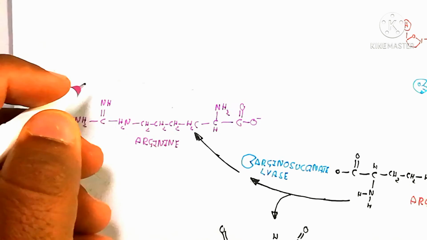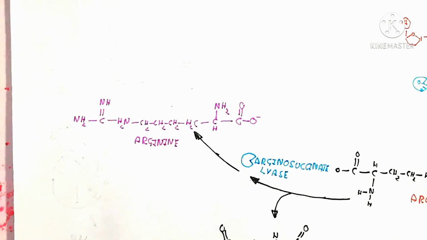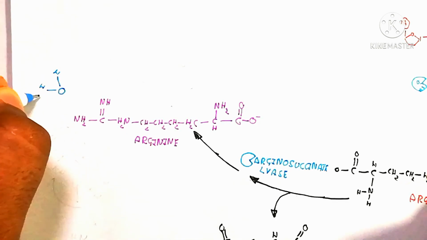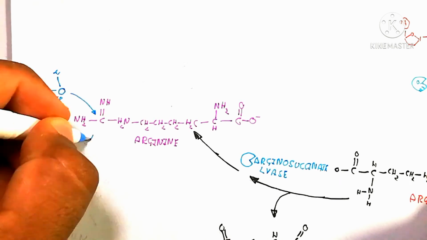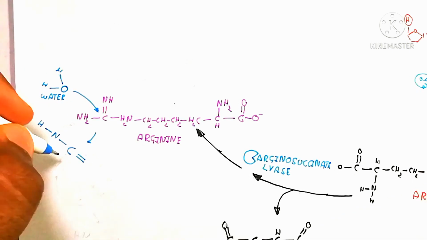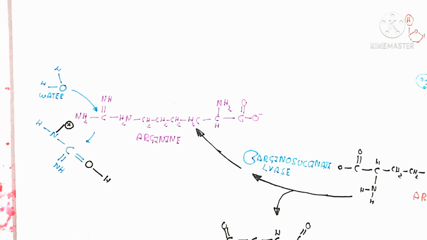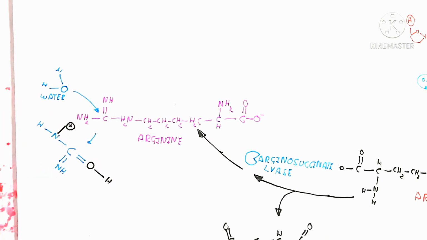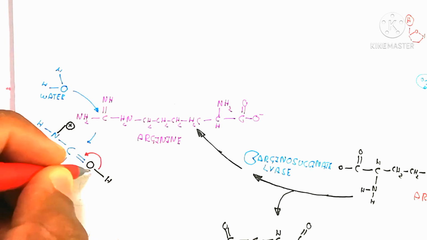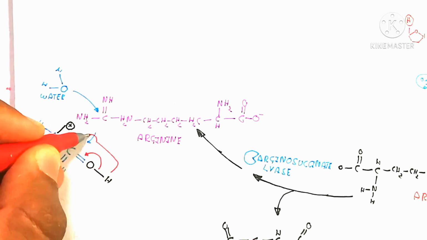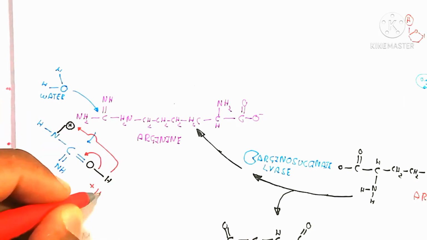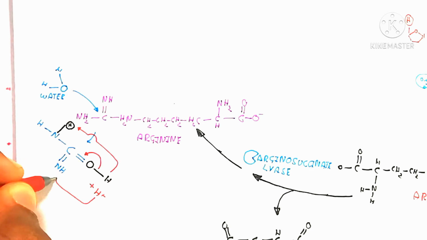So here water will enter, and hydrogen ions will move in here, and this will produce urea. So the urea structure is here.